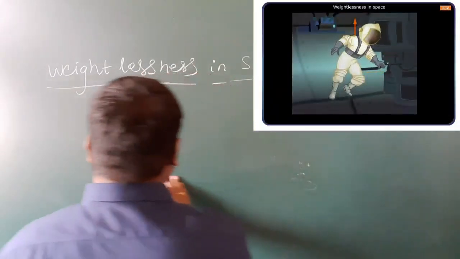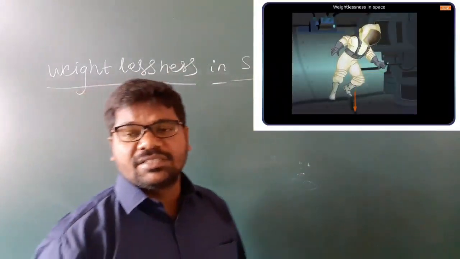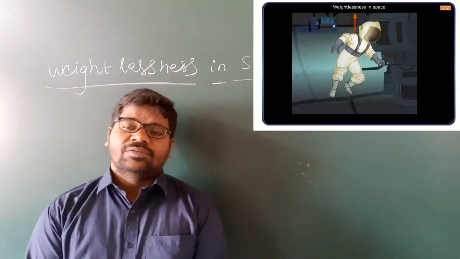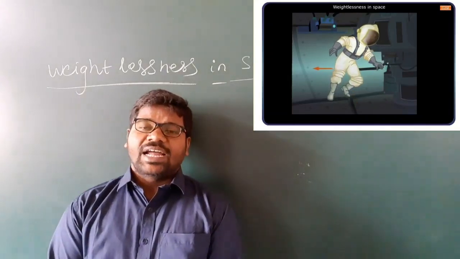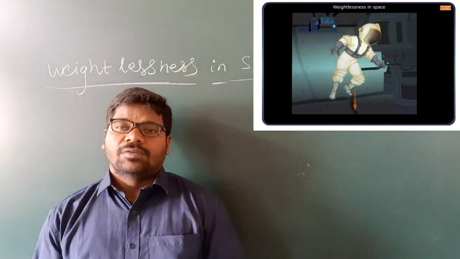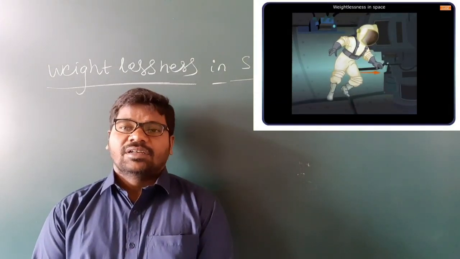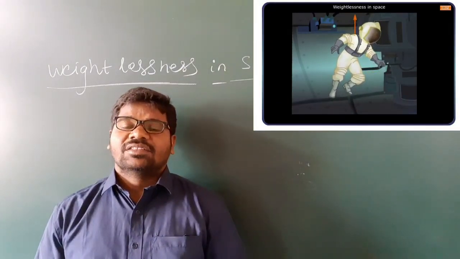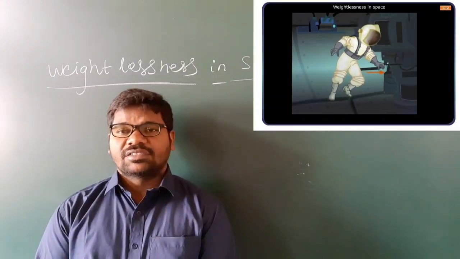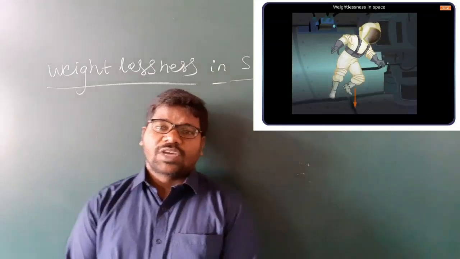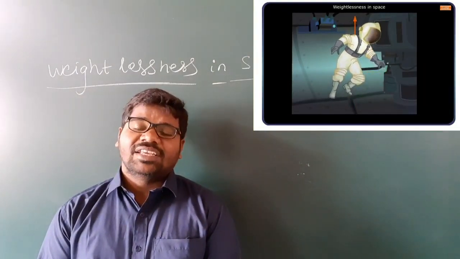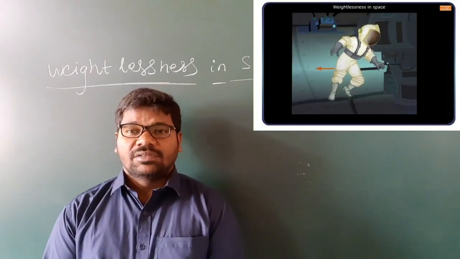In movies or on TV, we can observe that in satellites astronauts are floating. They are not walking, they are flying. Can you observe that? Yes. In this case we can assume that the acceleration due to gravity is 0, meaning no gravity.